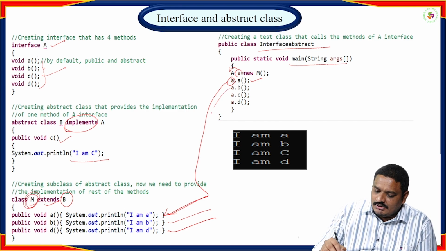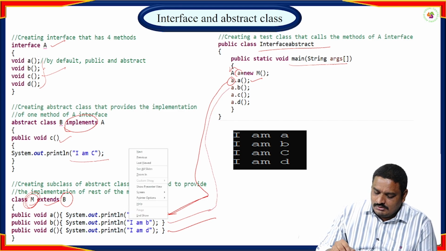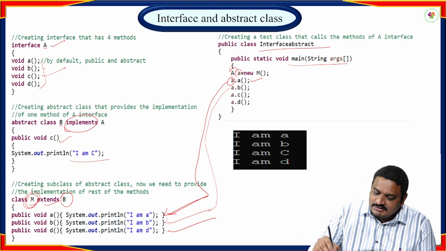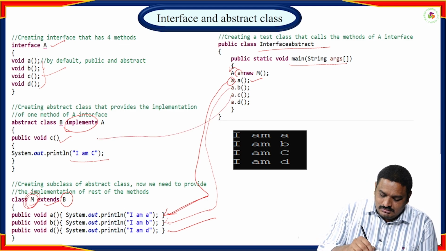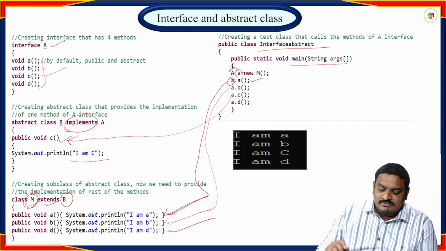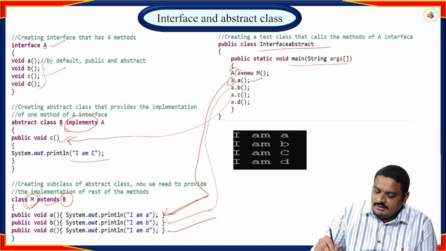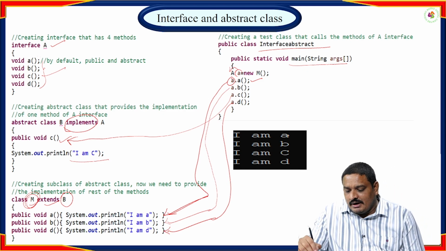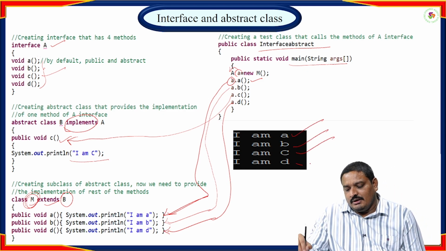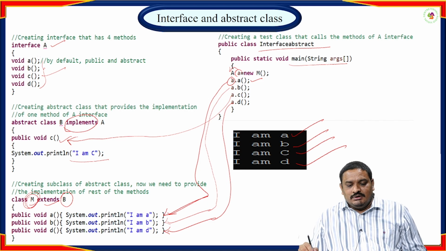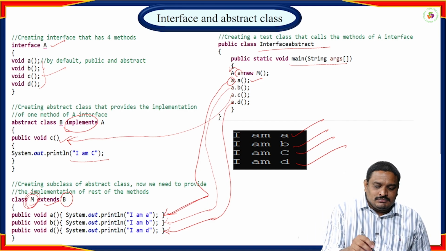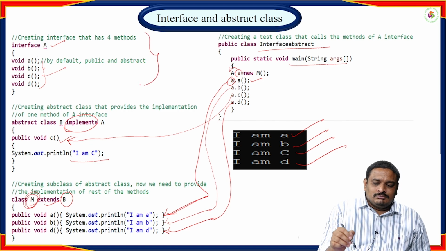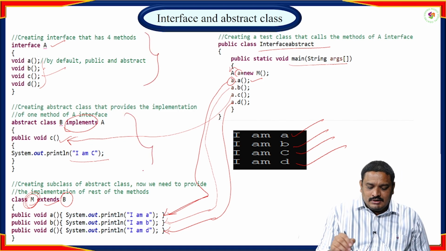Whenever we call the b method, it goes directly here. Whenever we call c, it goes directly to this method. Whenever we call d, it comes directly here. Finally, we display I am A, I am B, I am C, I am D. That is the interface and abstract classes.